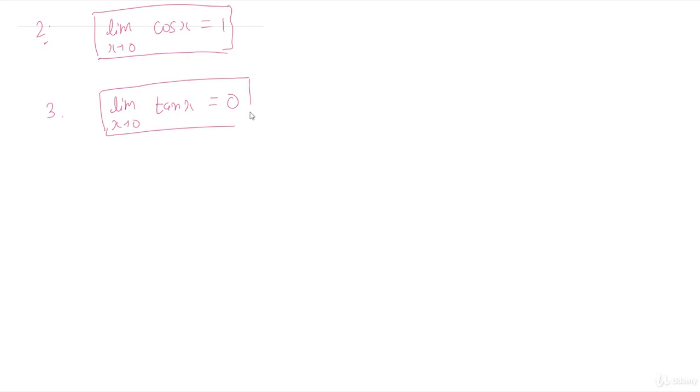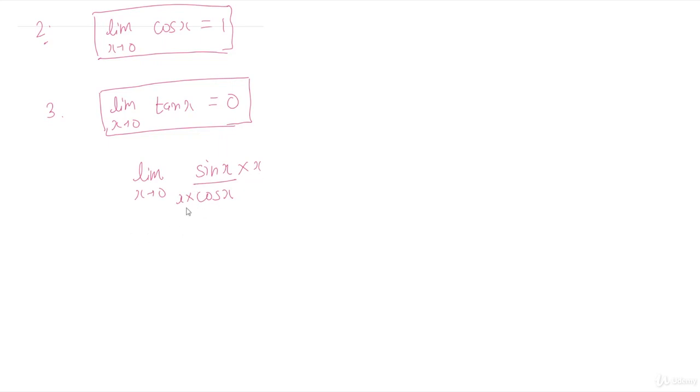As you know, tan x is nothing but sin x by cos x. So we can write tan x is equal to sin x by cosine x, right? We will multiply both the numerator and denominator by x. So this will be x into cos x, and this will be x into sin x.